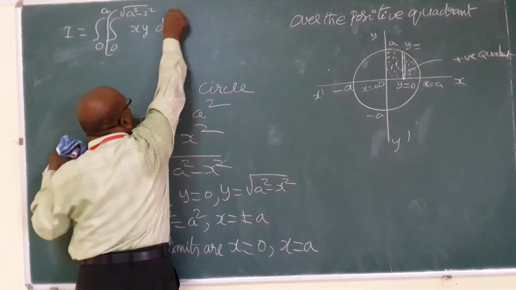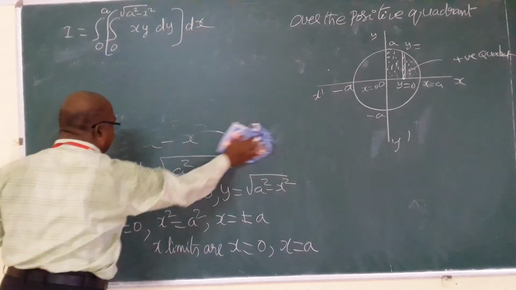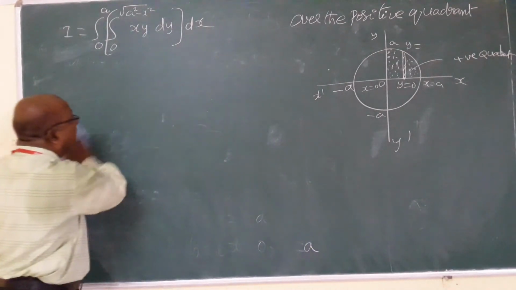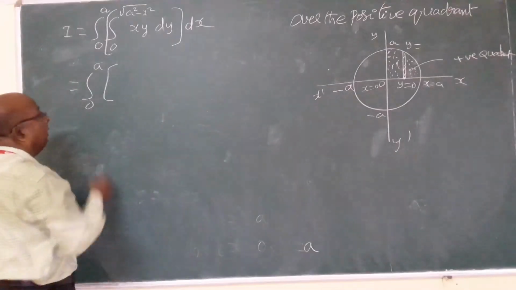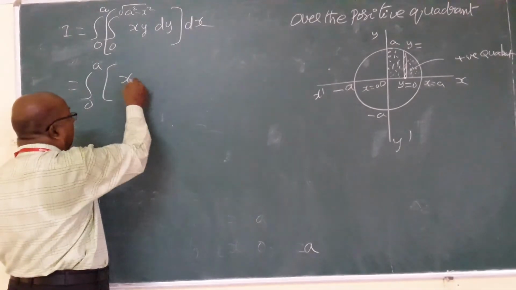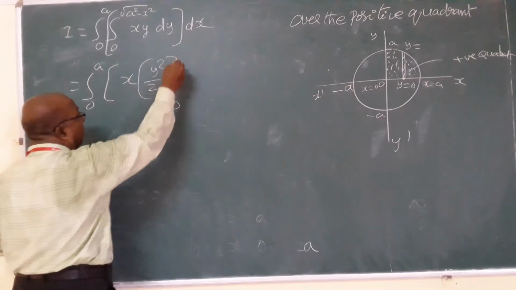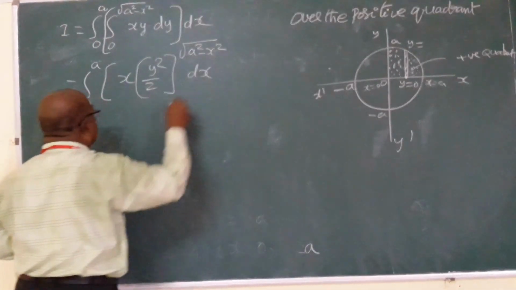First we integrate with respect to y and then with respect to x. We get integral 0 to a, x is constant, integral of y dy, y square by 2, from 0 to root over a square minus x square, dx.